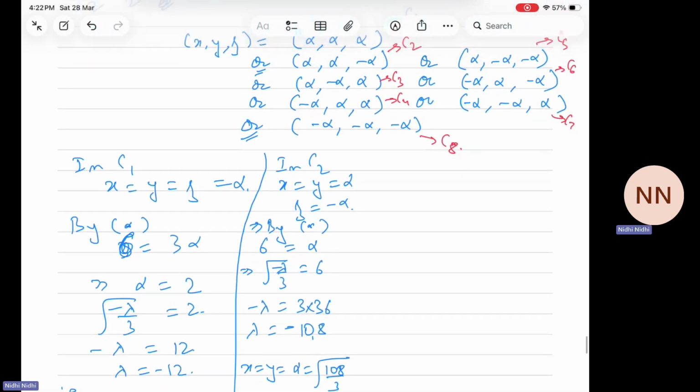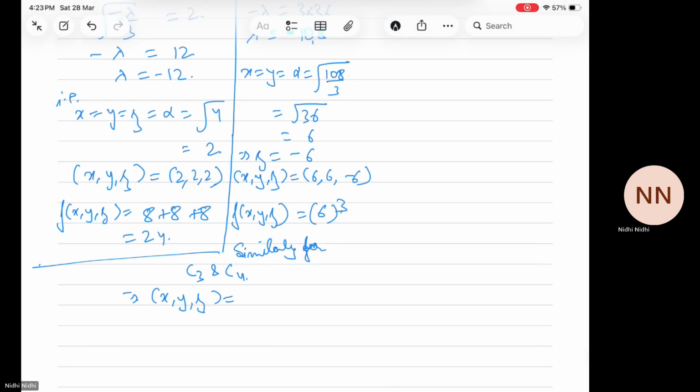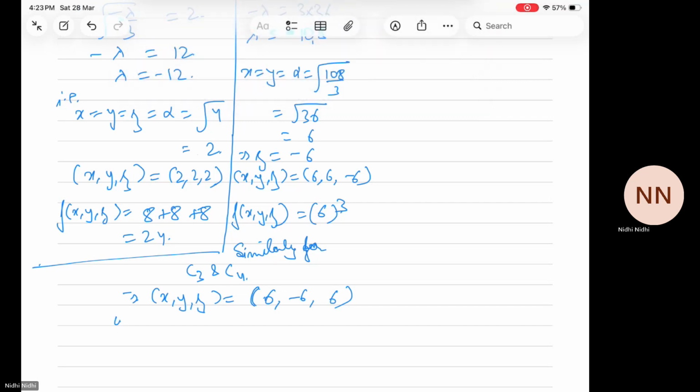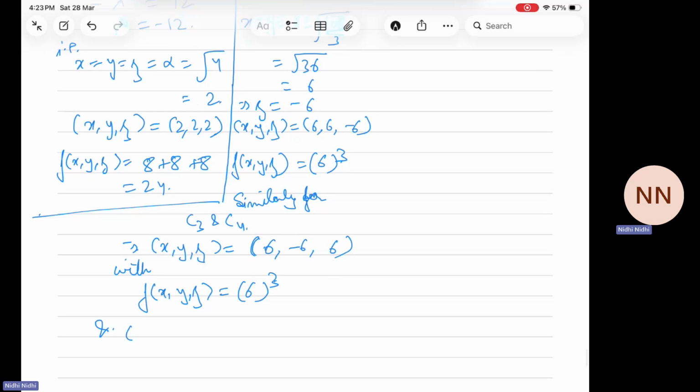In C3 the second term is negative, so this will be just (6, -6, 6), and in C4 the point will be (-6, 6, 6), with f(x,y,z) to be 6 cube.